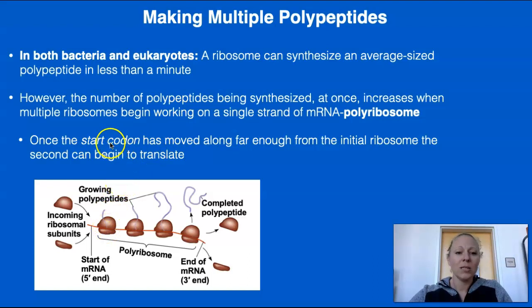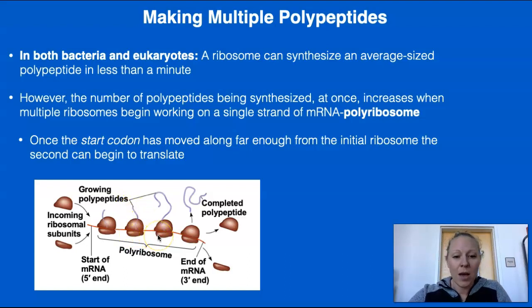So let's go back in time, and we're looking at when the ribosome is attached onto the mRNA. Once it reaches that start codon of AUG and starts making that polypeptide chain, and it moves on, then another ribosome can attach on and start making a protein.